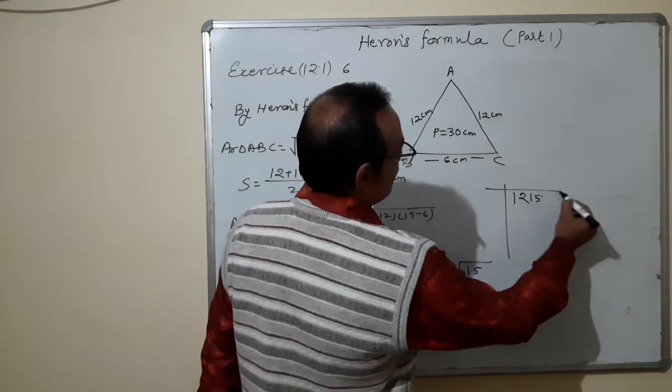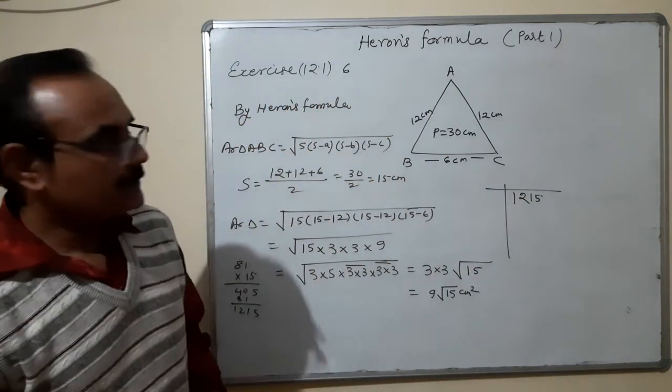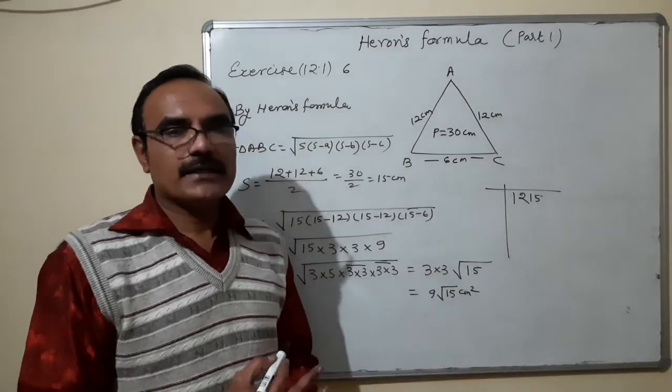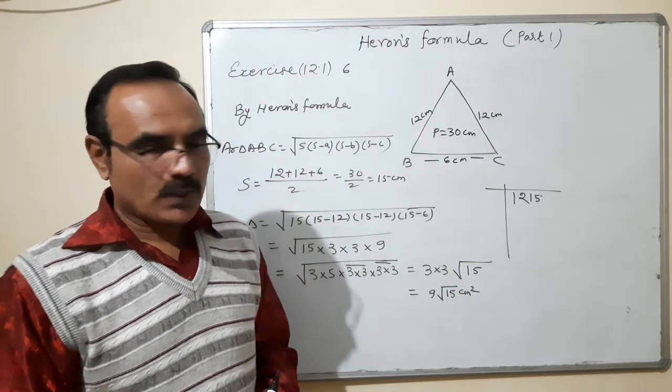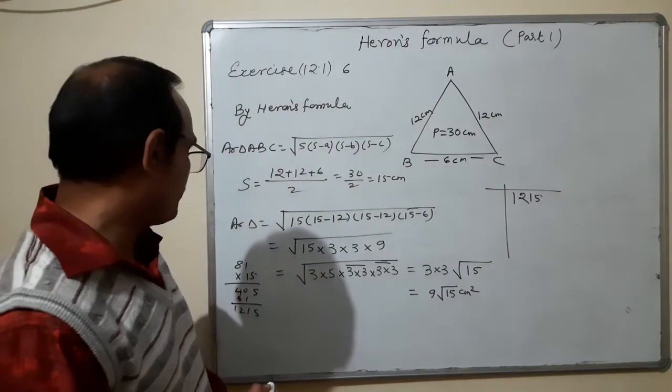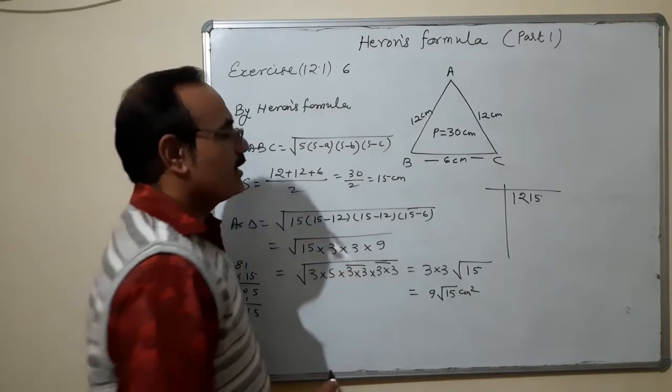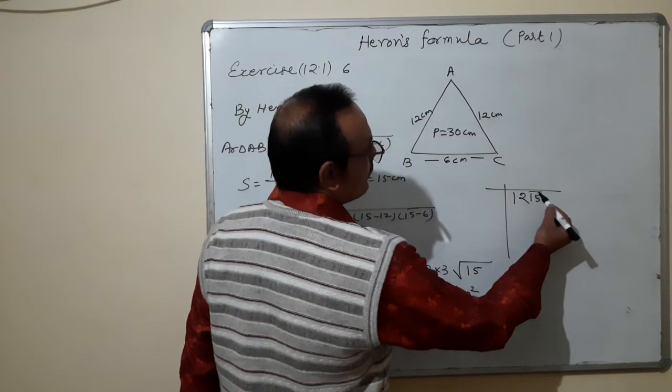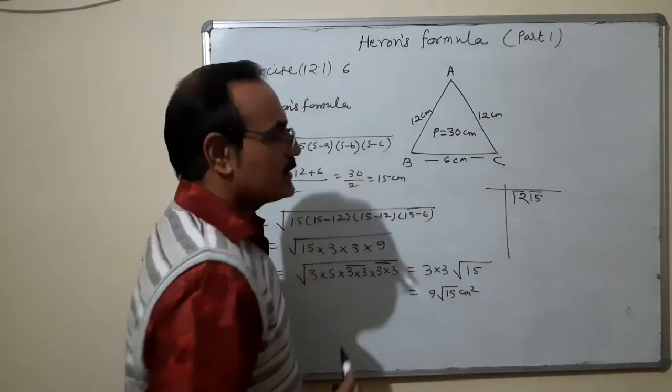And we are going to find the square root of 1215 by the division method. I'll make pairs from the right hand side. There is one pair, then the second pair, 12 is here.